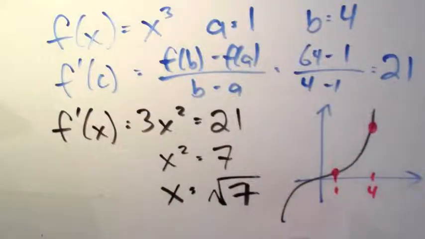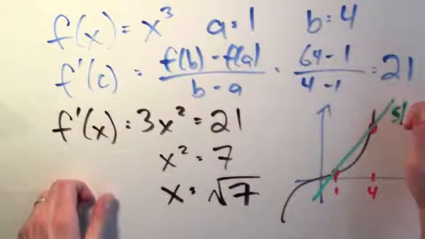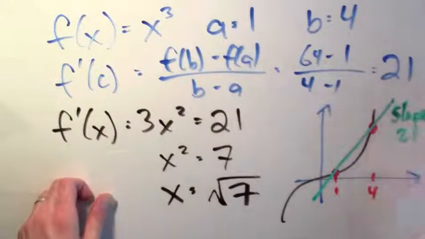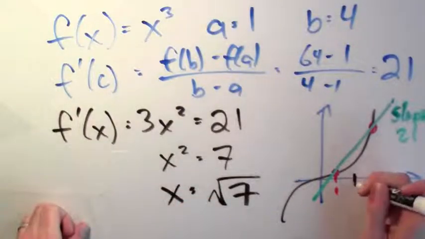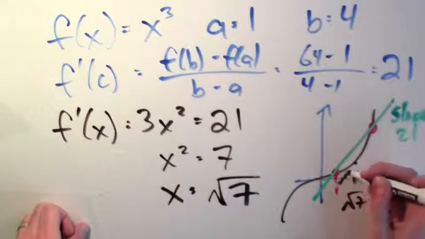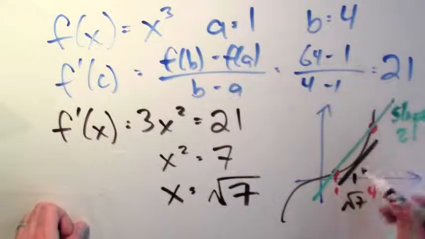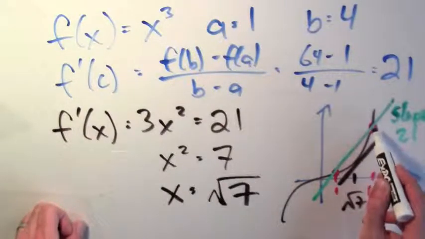The slope of the line here is 21. And what I've managed to do is find that at the square root of 7, the slope of the tangent line is exactly the same as the slope of the line through 1 comma 1 and 4 comma 4 cubed.